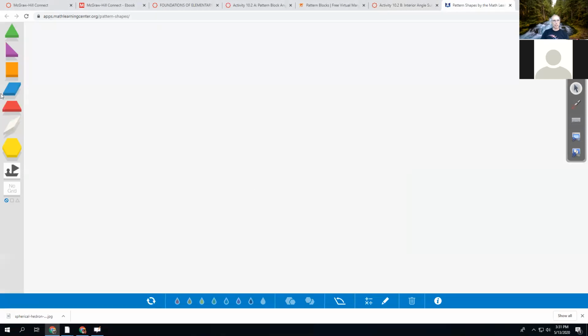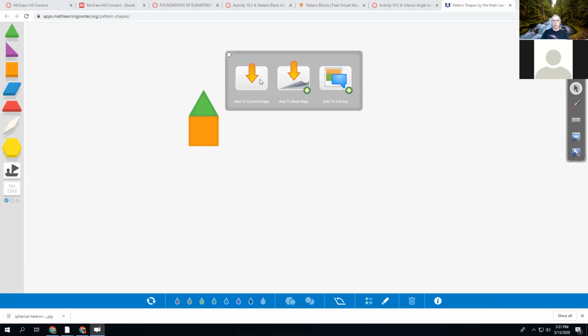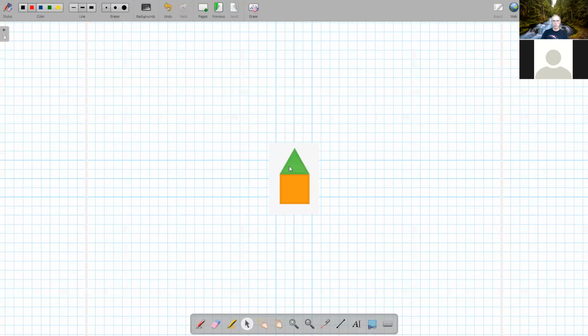And let's make a pentagon. So the easiest pentagon I can make here is like a house, where I take a square and set a triangle on top of it. Okay. And so let's snapshot that. To current page, please. All right, so here we're going to look at pentagons.